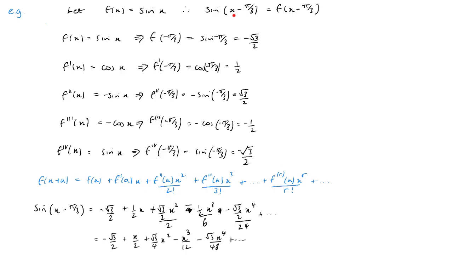Whether you're expanding in powers of x, and that means you use the A version. And if you're expanding in powers of x plus 1 or x minus 1 or x plus 4 or whatever it might be, then you use the B expansion.